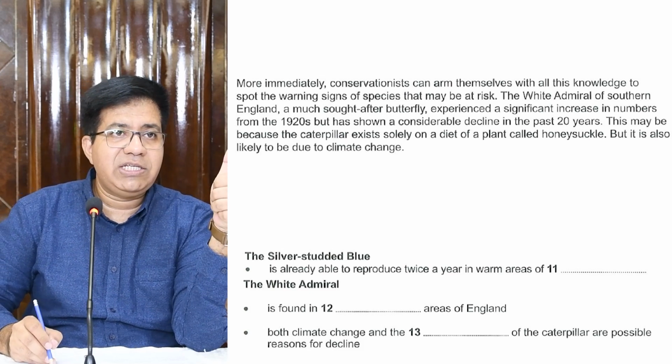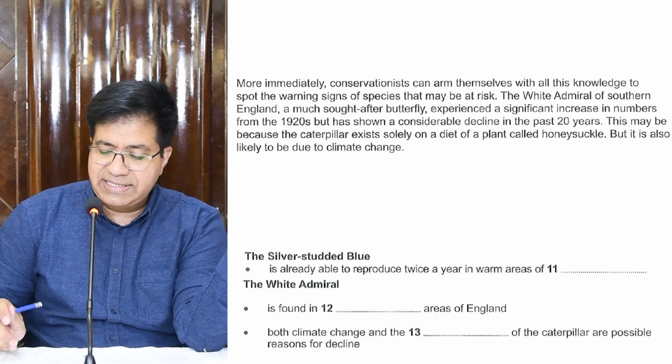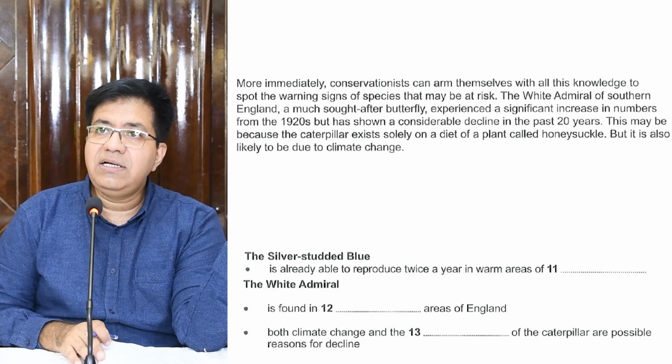One is climate change, second is diet. Exactly. The correct answer is diet. One word is diet. Die is wrong. Diet. Okay, like we say quite and quiet. Quiet is another word. Like you say you are quite right. Second is keep quiet. Both are different. Okay. All right.